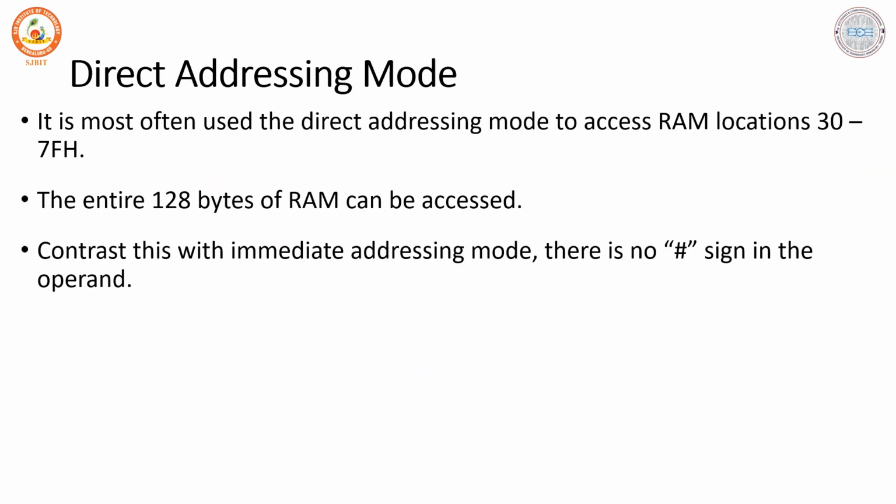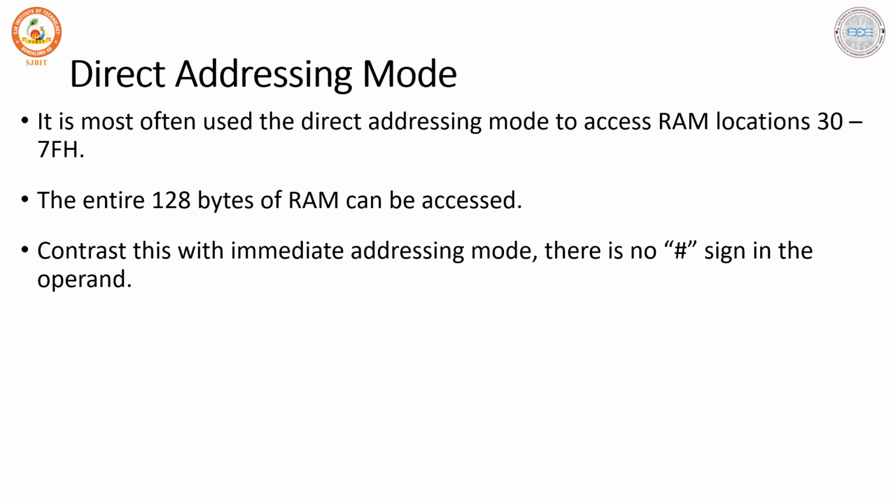And we have the next addressing mode, that is called direct addressing mode. In the direct addressing mode, the operand is specified by an 8-bit address field. In the instruction, we are going to mention the operand as an 8-bit address field. Now, all the special function registers, including the internal RAM, I can use for the direct addressing method.